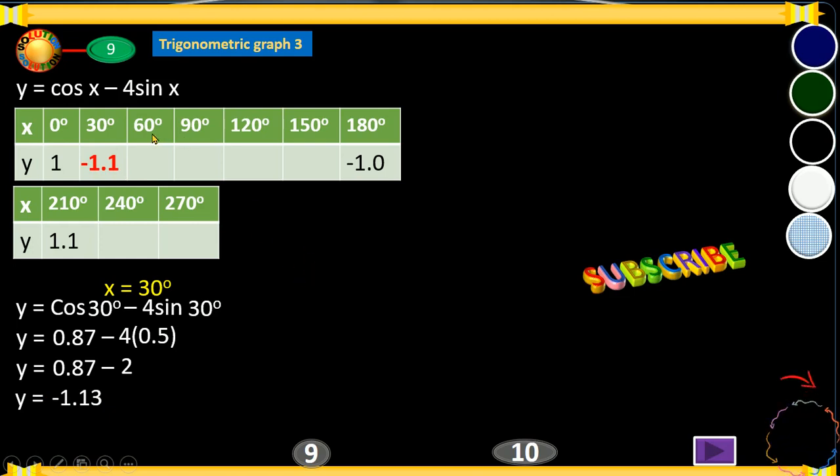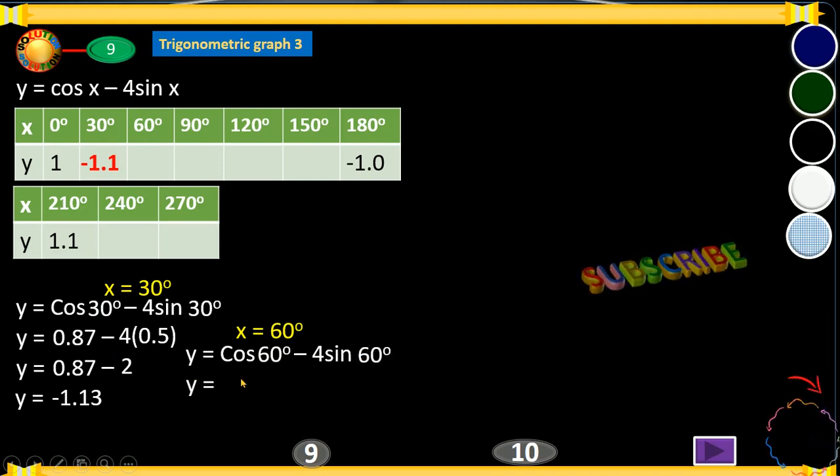Then we are going to find the value of y when x is 60 degrees. When x is 60 degrees, we replace x with 60 here, and we replace x with 60 here. And then we follow the same process to find cos 60, which is 0.5, and sin 60, which is 0.87.